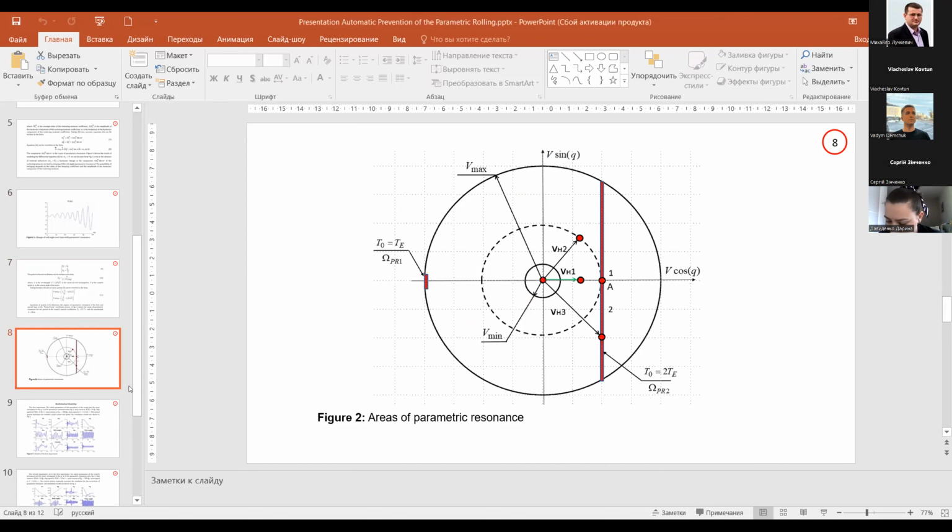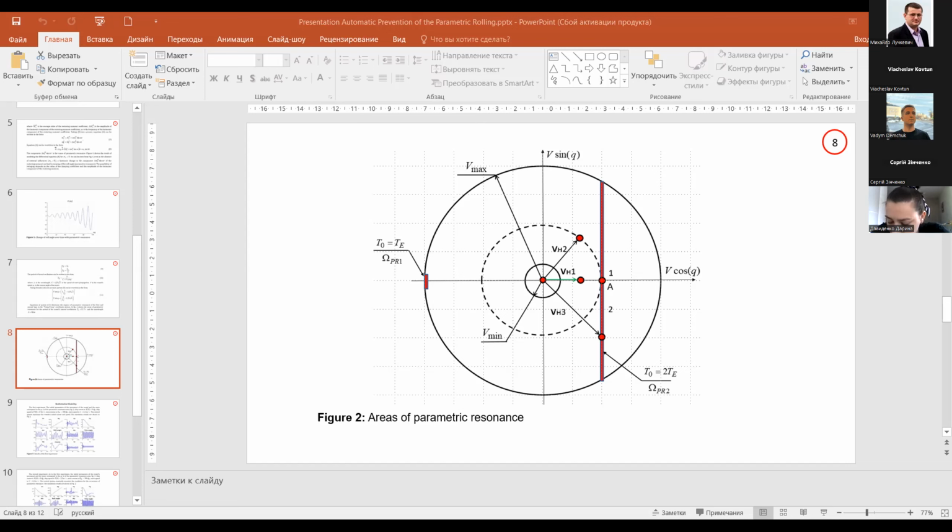Figure 2 shows the areas of parametric resonance for the vessel's natural oscillation period of 20.5 seconds and a wavelength lambda equal to 90 meters. As can be seen from the diagram, the areas of parametric resonance lie along the axis V sine Q. The most dangerous option is to remove the phase point A along the resonance zone by a combined maneuver, speed vector VH3.